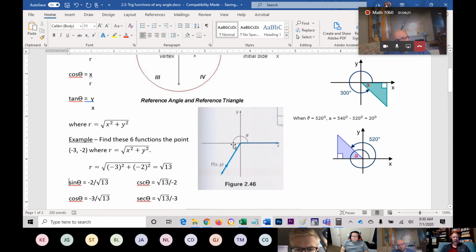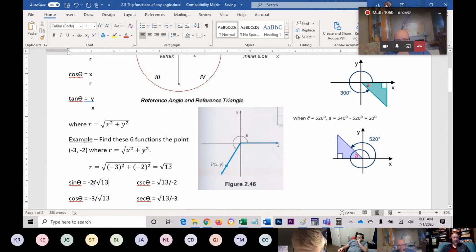Your sine of theta is opposite over the hypotenuse. So the distance here is -2, it's in the y direction. So this distance here is -2 over your hypotenuse, which we know is square root of 13.